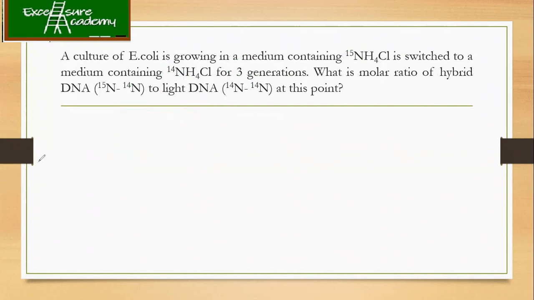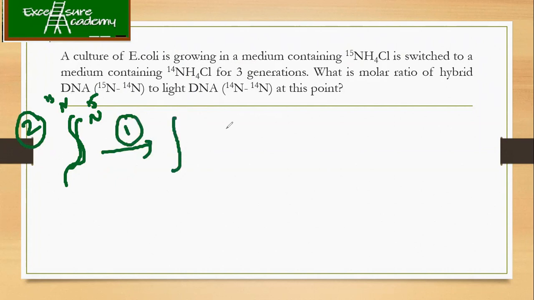So in the first generation, I'm going to have 2 strands of N15, okay. So N15, so how many I'm having? 2. Now first generation, 1, 2, then I'm gonna have, this is N14, okay.